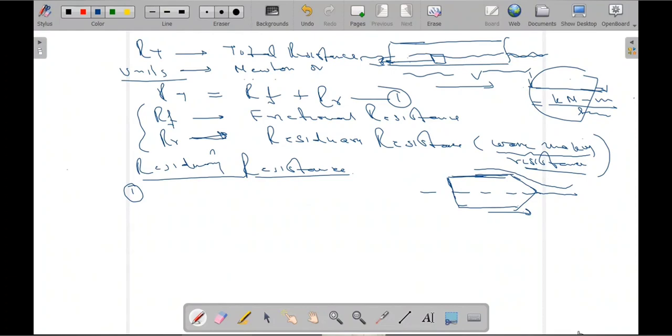Okay, so let us see the first one. Now, if this is the movement of the vessel, and these are called the streamlines, formation of streamlines across the vessel.